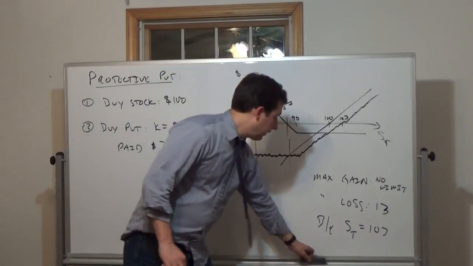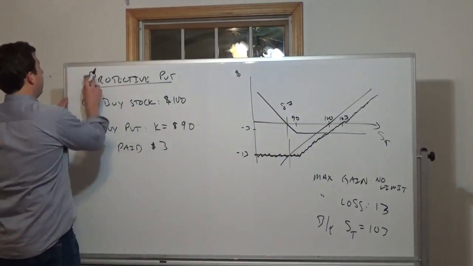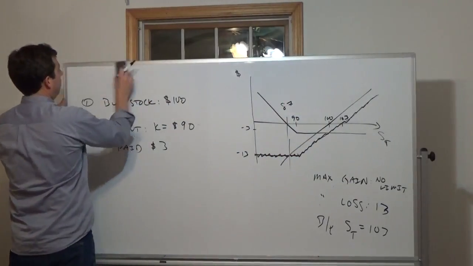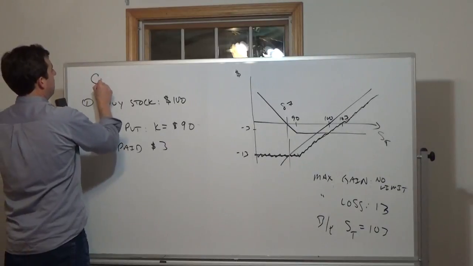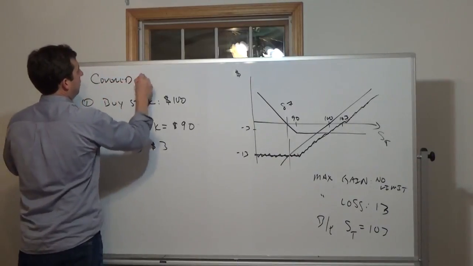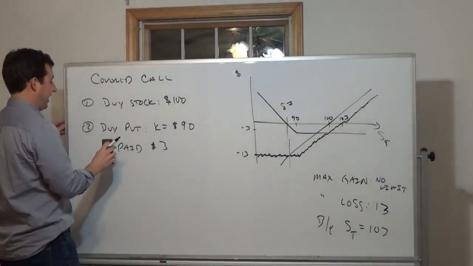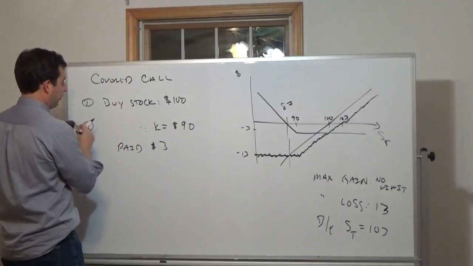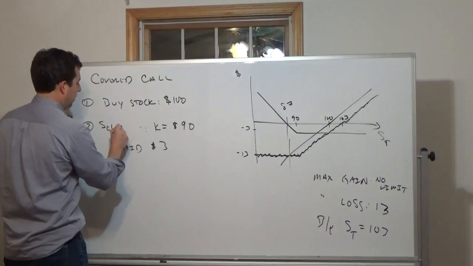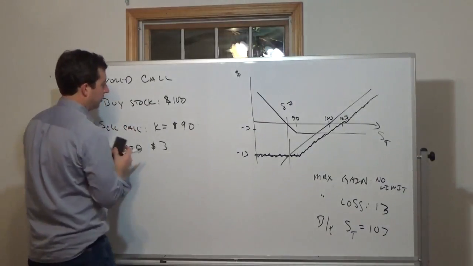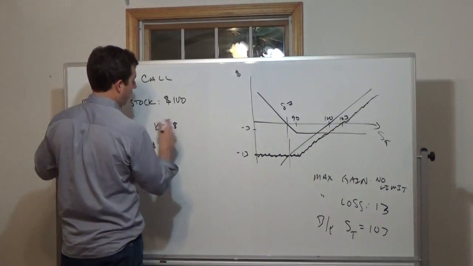So that's protective put, and now we have a covered call, our two basic spread strategies. Our covered call will still buy the stock for 110, but we'll sell a call. And we're usually selling a call for a strike above what we paid.